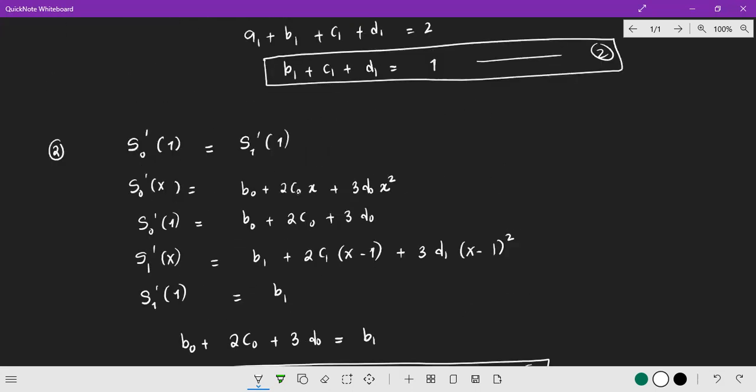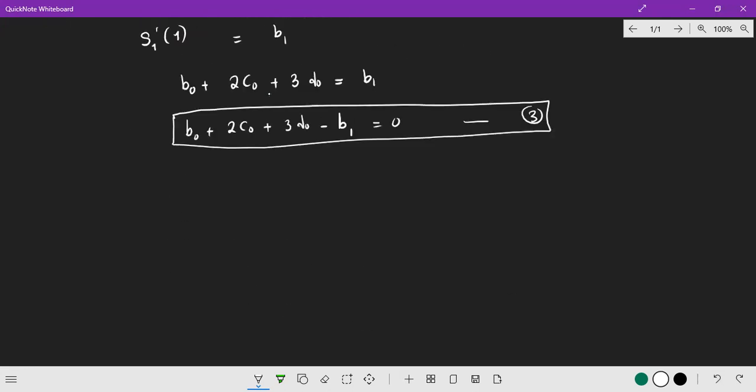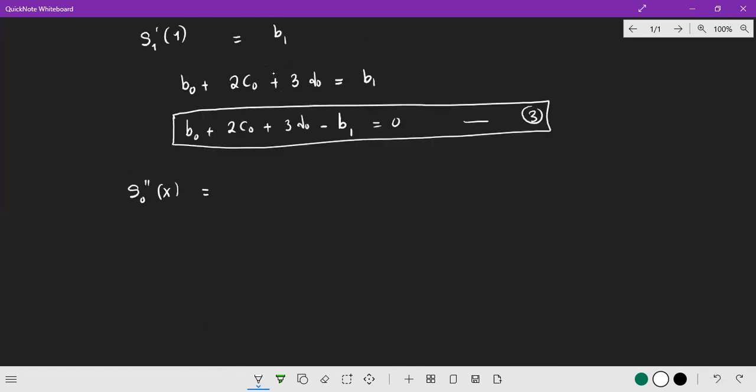The next condition for the cubic spline is that the second derivative at the common point must also be the same. So the first derivative must be the same, as well as the second derivative. So let's get the second derivative of each. S naught double prime of x: B naught will disappear, and we just have 2c naught plus 6d naught x.